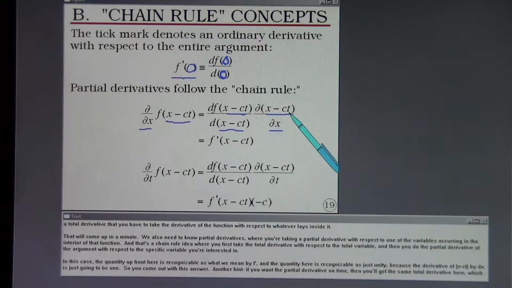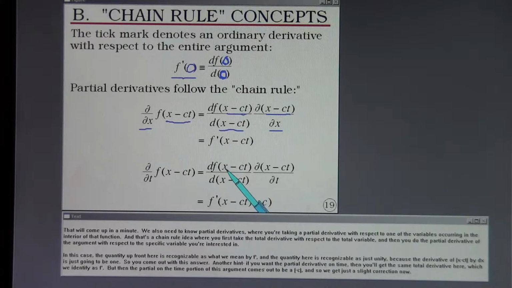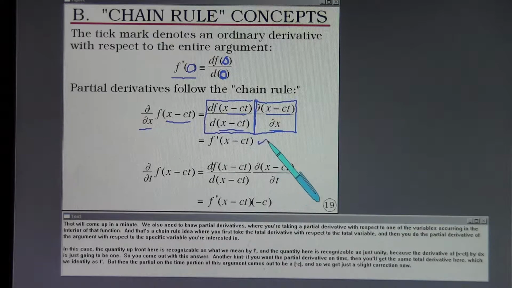In this case, the quantity up front here is recognizable as what we mean by f prime, and the quantity here is recognizable as just unity, because the derivative of x minus ct by dx is just going to be 1. So you come out with this answer.